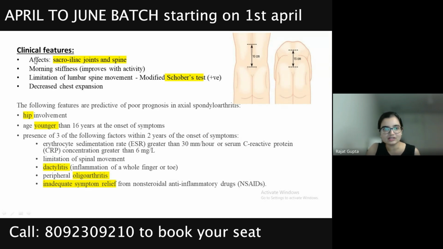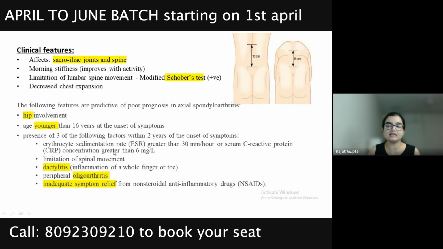All right, so moving back to this, what else? We'll see that the chest expansion will be limited in these patients. Now, these are some of the clinical features that predict poor prognosis in AS. If the hip joint is involved, that's poor prognosis. If somebody younger than 16 years gets these symptoms and is diagnosed with AS, that's poor prognosis.